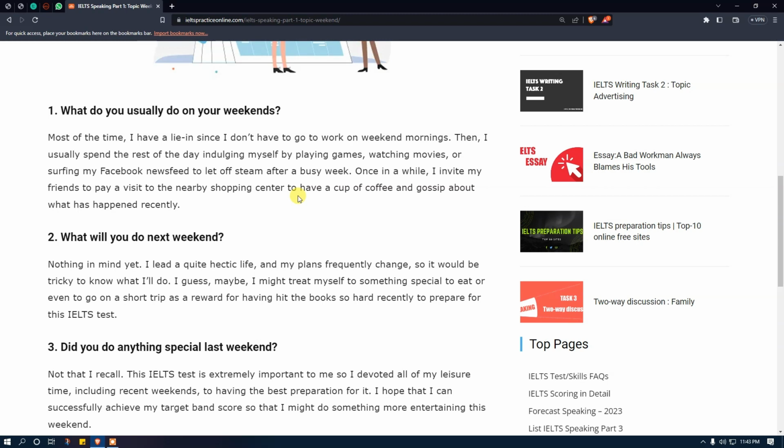Once in a while, I invite my friends to visit the nearby shopping center to have a cup of coffee and gossip about what has happened recently. So you get some idea of how you can answer the question. Getting this idea, you answer the same question by yourself. You don't need to memorize this answer.